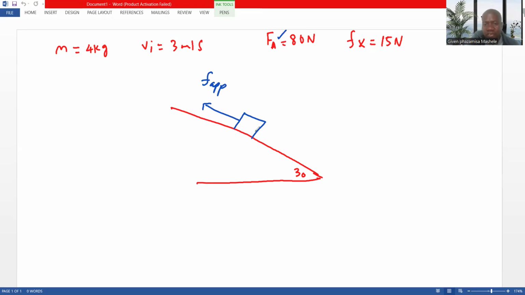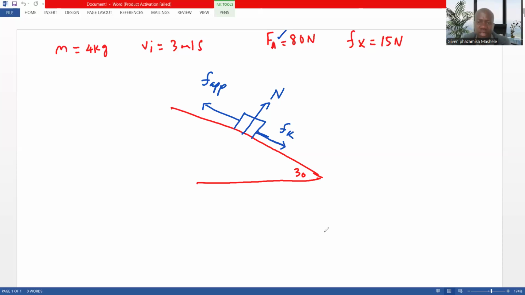And we also have the frictional force, which is the force that opposes the motion of an object, and it acts parallel to the surface. And we also have the normal force, which we know does not do any work. It does no work on an object because it acts perpendicular to the displacement.